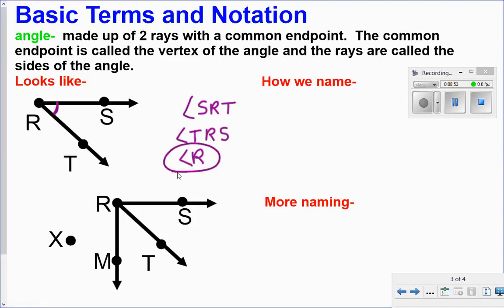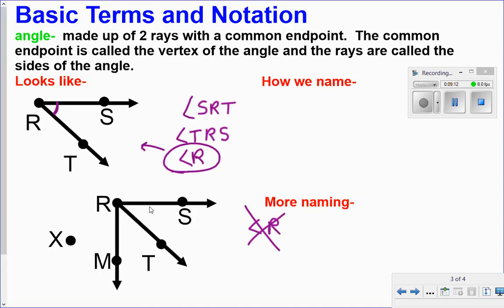Up here, angle R is perfectly fine, but down on the bottom, I would not be allowed to call this angle R. That's not okay, because it is unclear which angle I'm talking about.